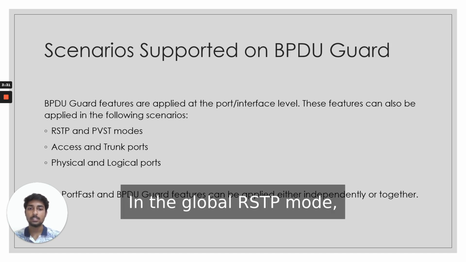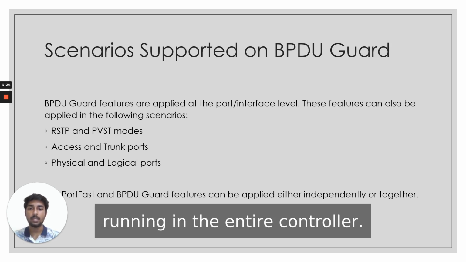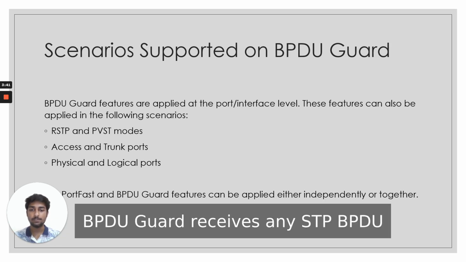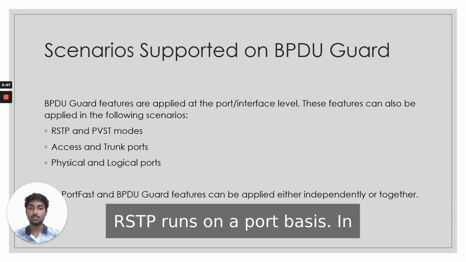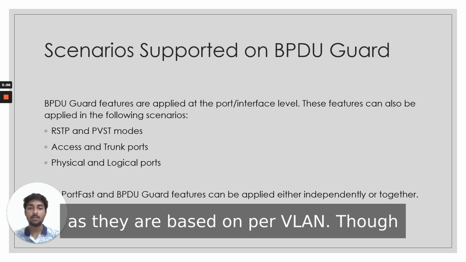In the global RSTP mode, there is only one RSTP instance running in the entire controller. If the port that is enabled with port fast and BPDU guard receives any STP BPDU, it will affect all the ports as the global RSTP runs on a port basis. In the PVST mode, there can be multiple instances of RSTP running as they are based on per VLAN.